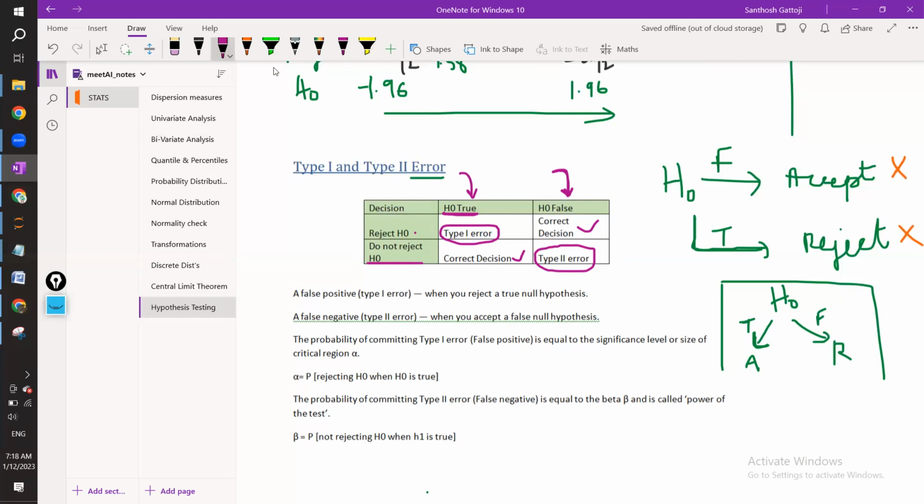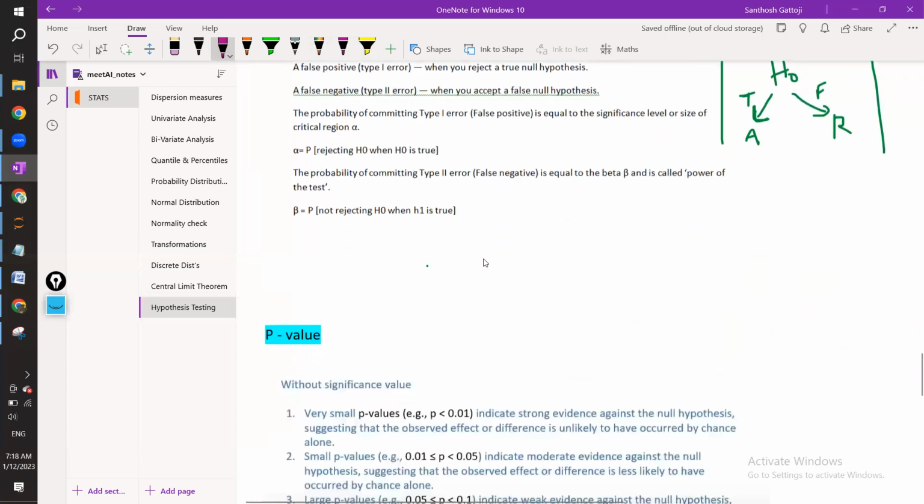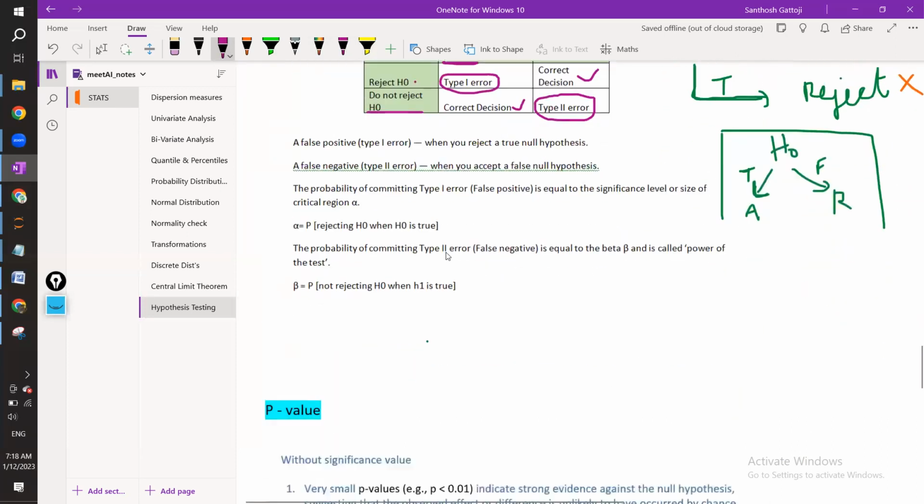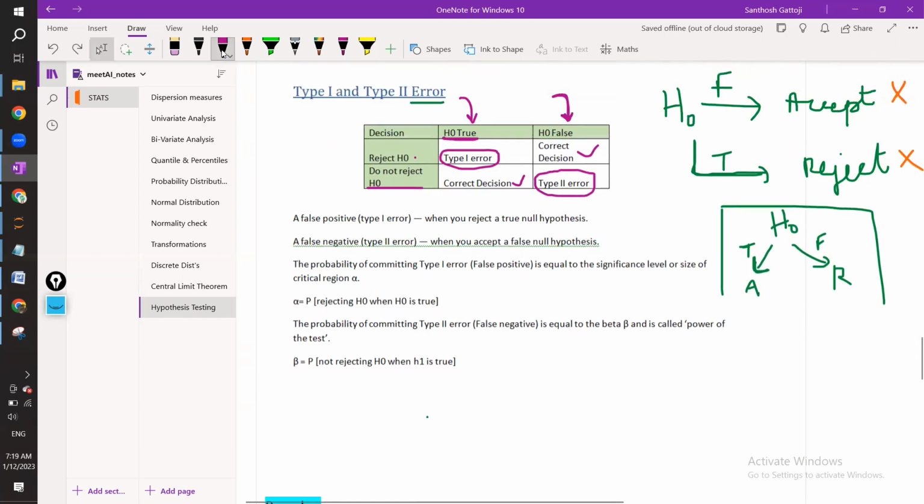We will see an example actually. See, type 1 is when you reject a true null hypothesis.